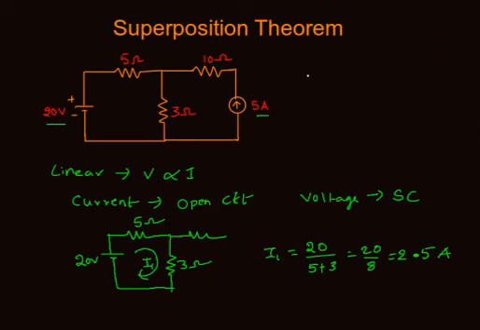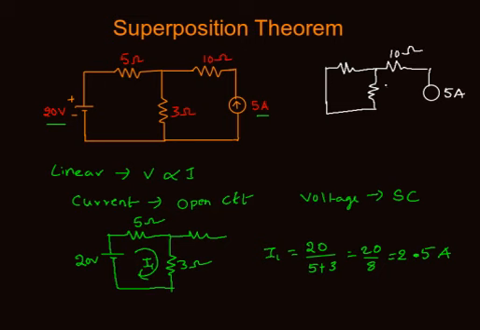Now let me redraw the circuit with 5 amperes active and 20 volts inactive. So we have to short circuit the 20 volt source. The 5 ohms will be here, the 3 ohms there, the 10 ohms there, and this is 5 amperes.